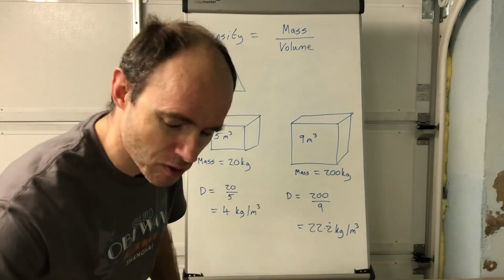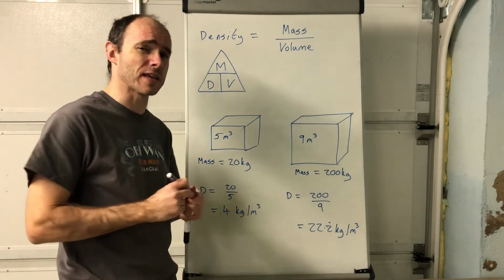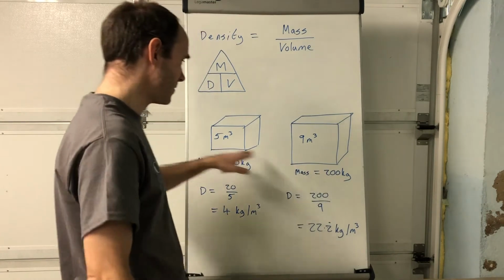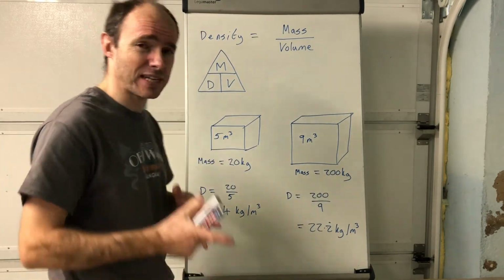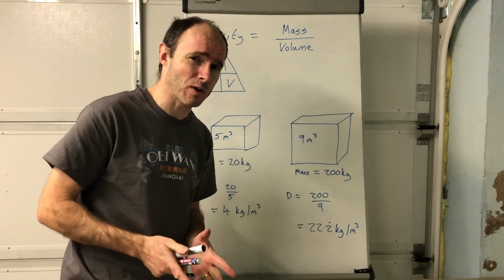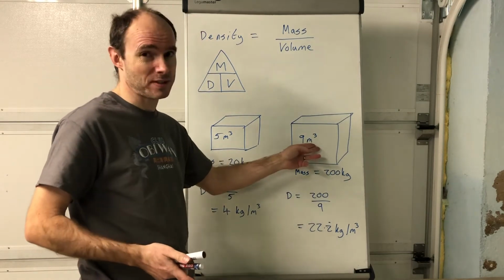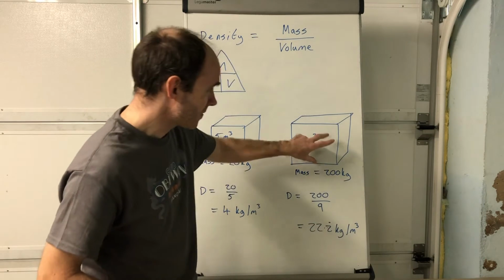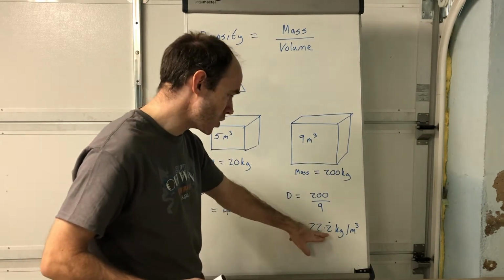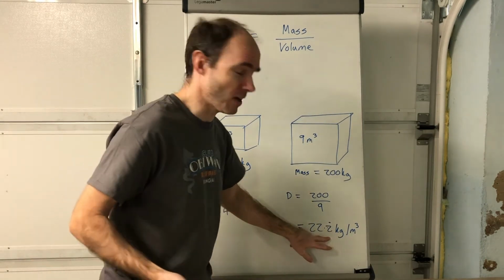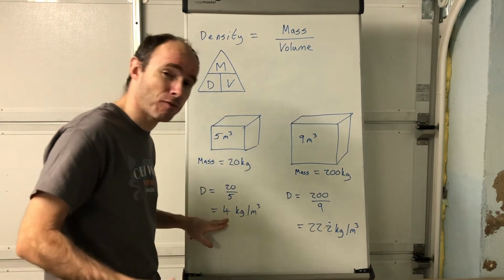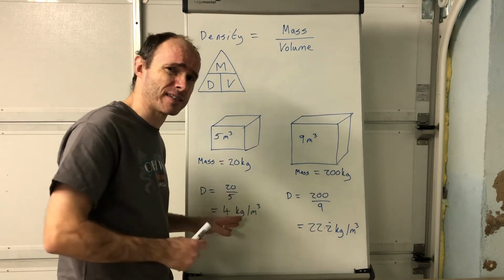Now you might have been able to spot it before I actually set the question, because this one I deliberately made a fair bit heavier than that one, but you can see in terms of the mathematical calculation why this one is most dense. It's because per cubic metre the mass of this is 22.2 kilograms, whereas this object here, per cubic metre, the mass is only 4 kilograms, so a fair bit lighter.